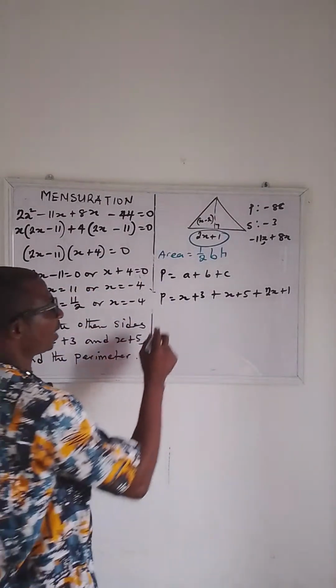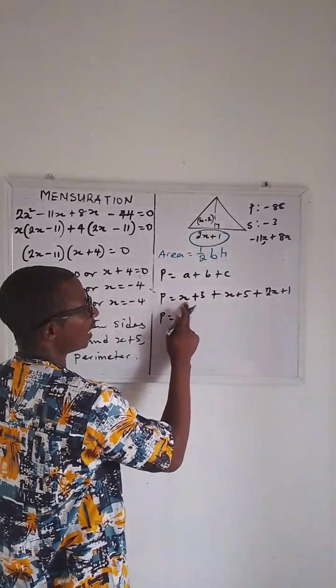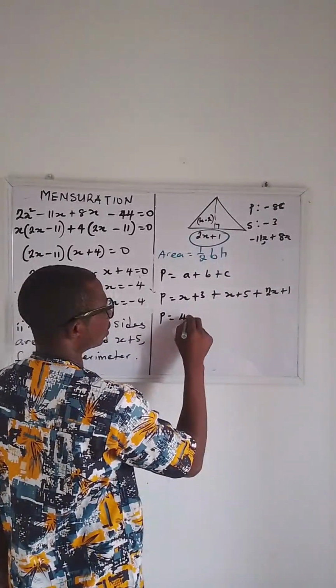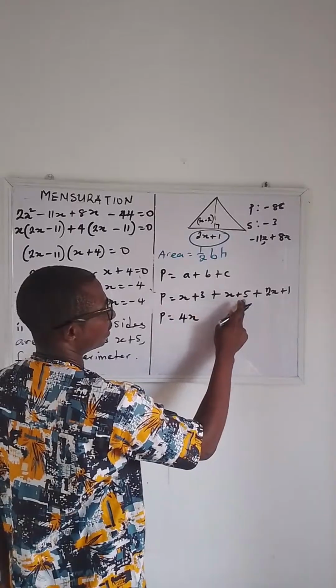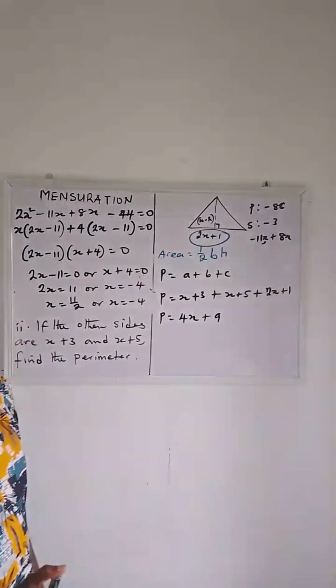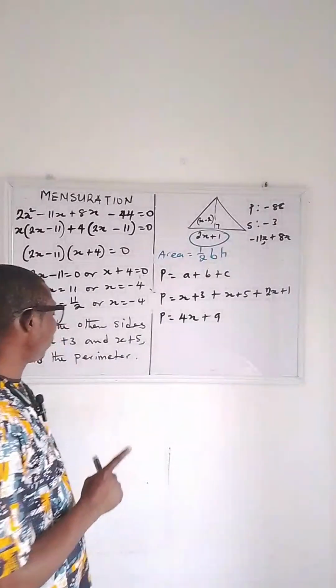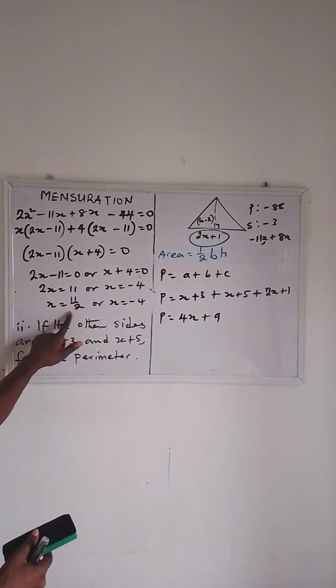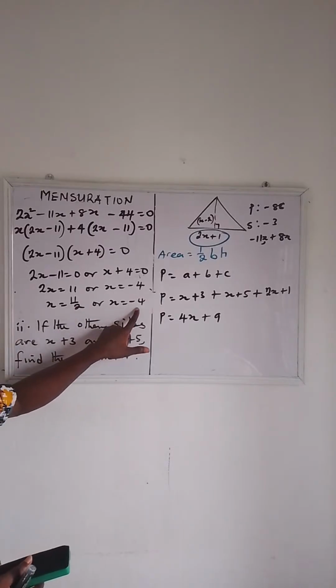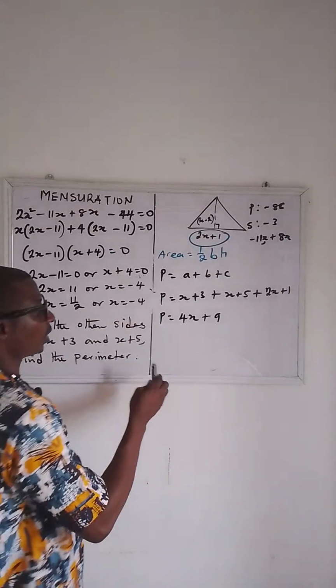So now we have the perimeter to be equal to, let's add the x's together. When you add this and this and this, you have 4x. Now let's add the constants together: 3 plus 5 plus 1, that's 9. So don't forget now that x is 11 over 2 and not negative 4. So let's plug in the value.